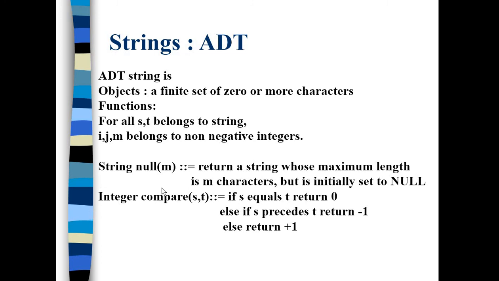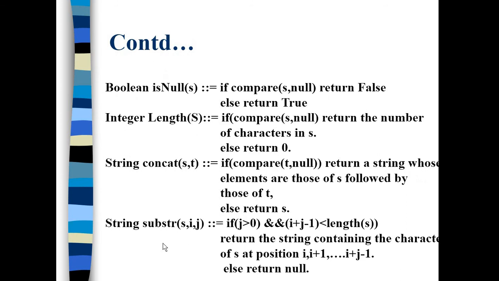And if you want to compare two strings whether they are equal or not, if they are equal, it will return 0. Otherwise, it returns how many ASCII value difference there is, if they are different strings.